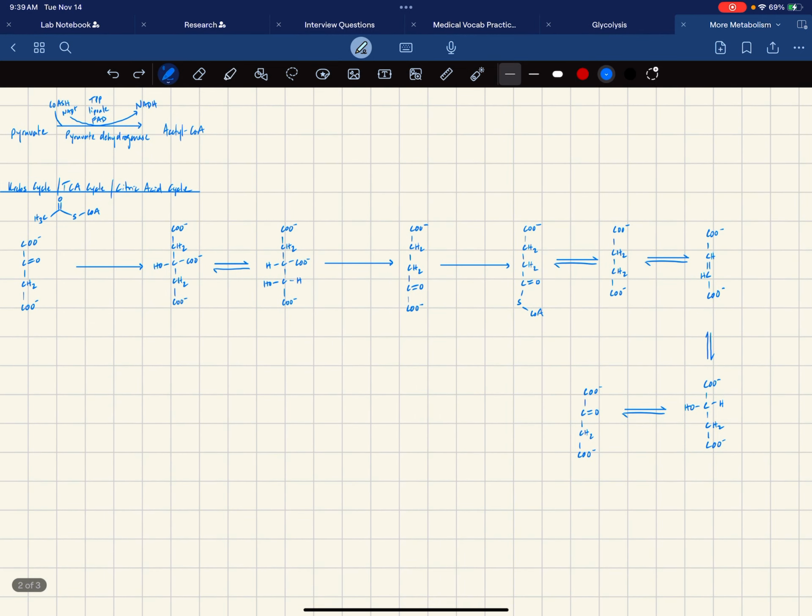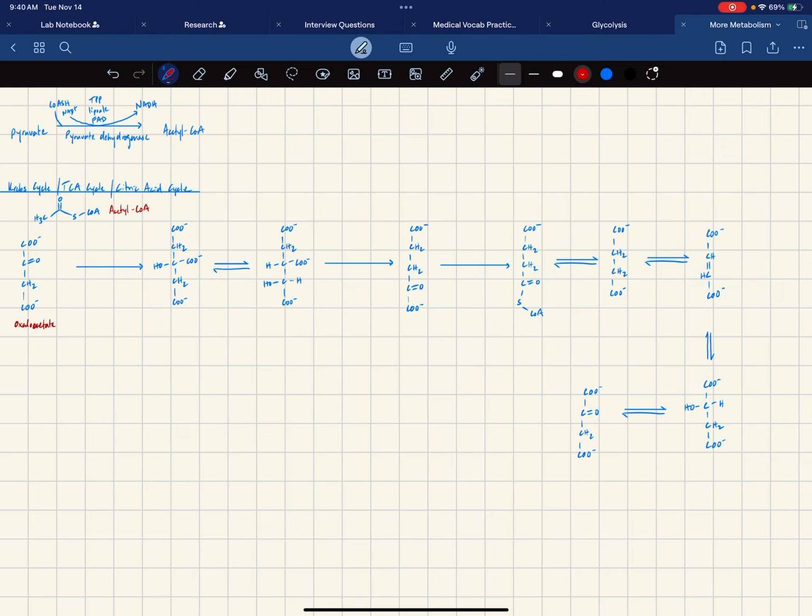And then when we actually get into the Krebs cycle, here is our acetyl-CoA that we just made. This is oxaloacetate, that's just floating around.